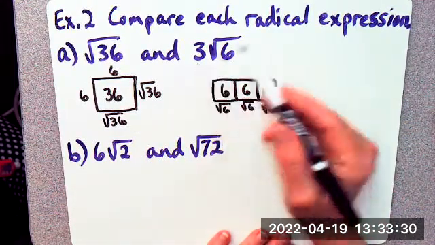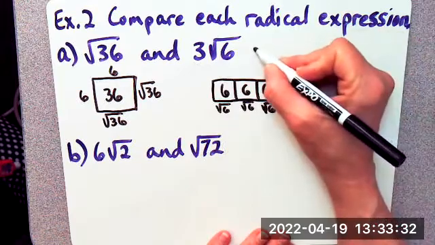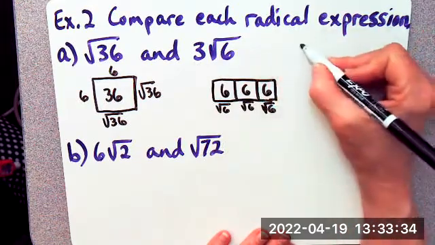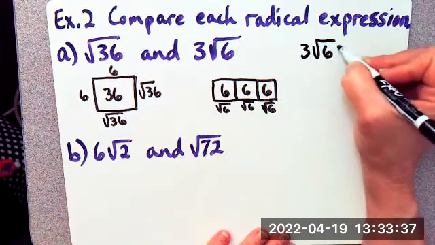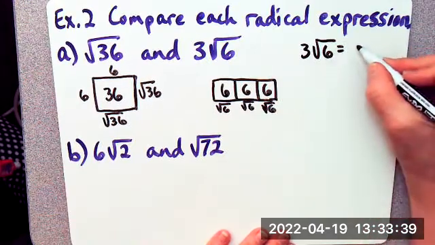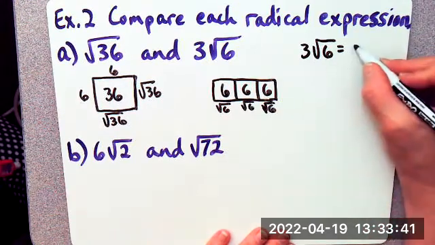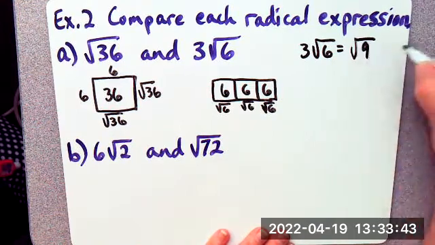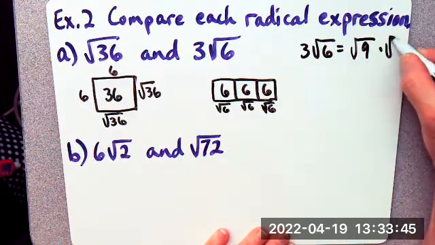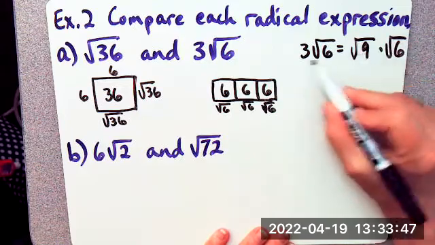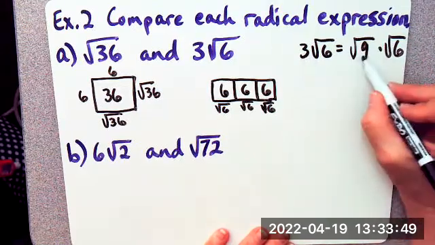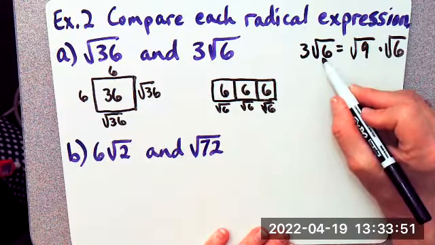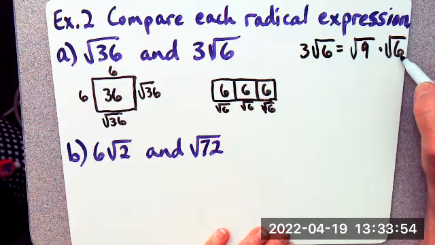Now, the square root of 9 equals 3, and the square root of 6 equals the square root of 6.